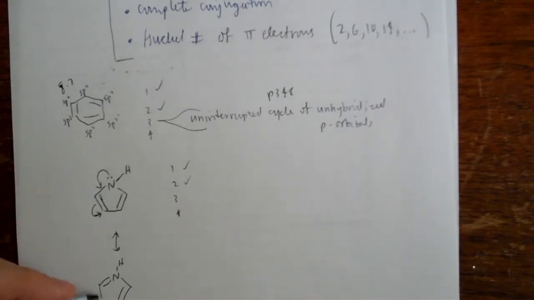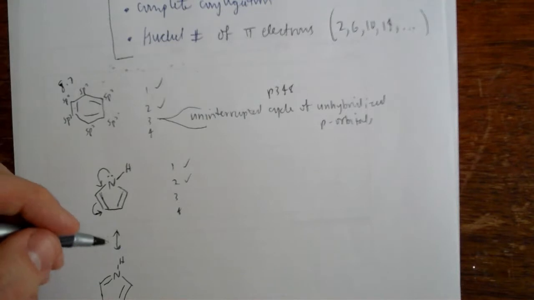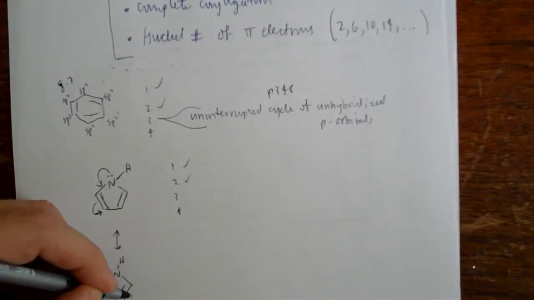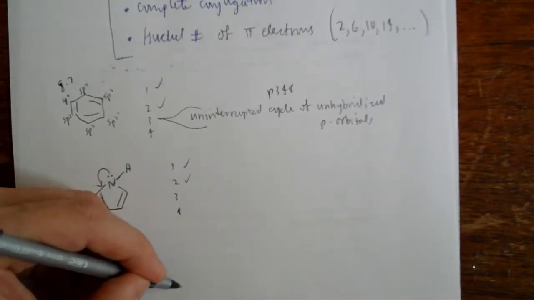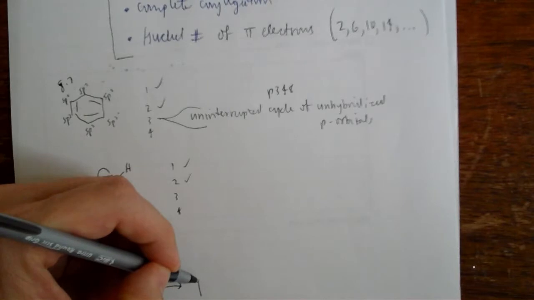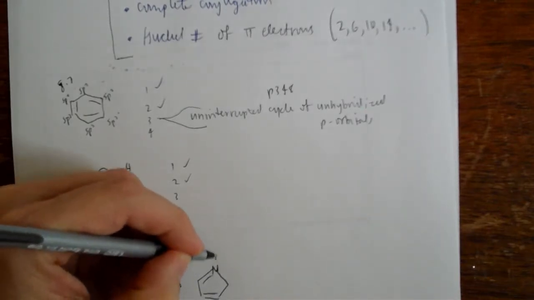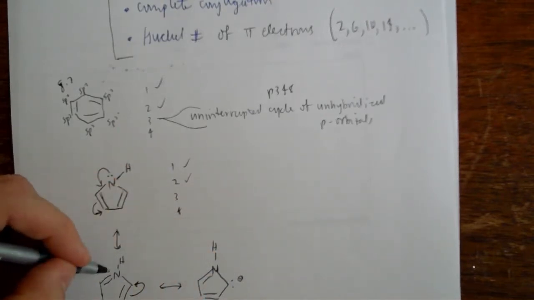These are conjugated with that. Okay? And then these electrons can go here. These electrons can go here. Forgot the formal charge.